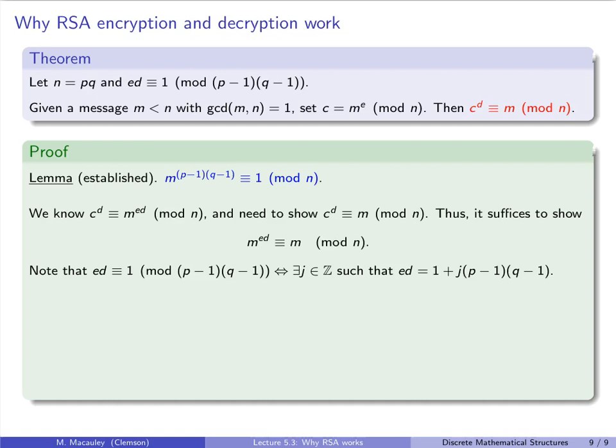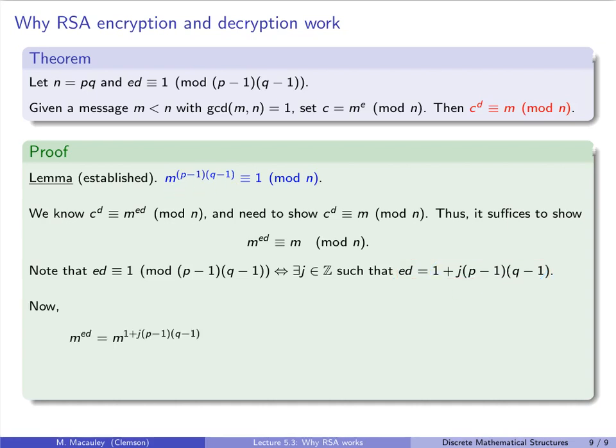Now here's what we're going to do. We're going to take this last equation, ed is equal to 1 plus j(p minus 1)(q minus 1), and we will exponentiate. We'll take M and raise it to both the left-hand side and the right-hand side. So M to the ed is equal to M to the 1 plus j(p minus 1)(q minus 1). And that's where we're going to apply our lemma to the right-hand side.